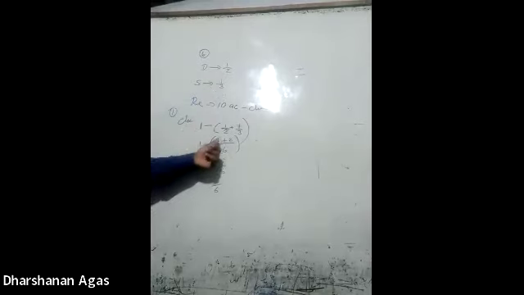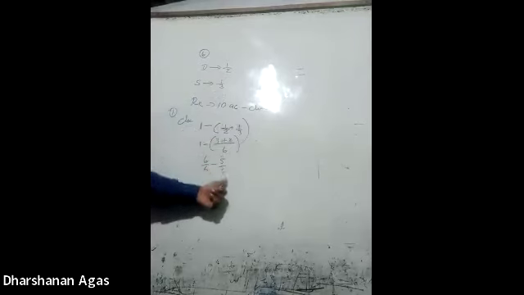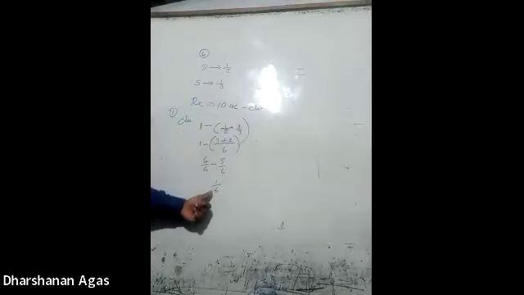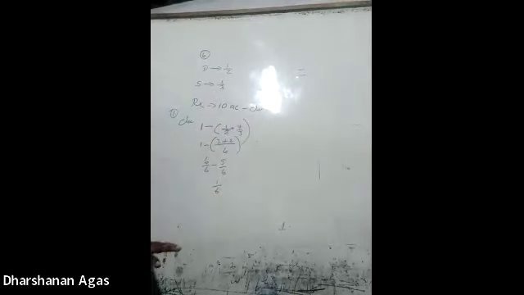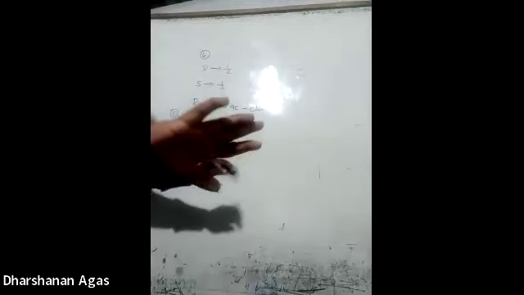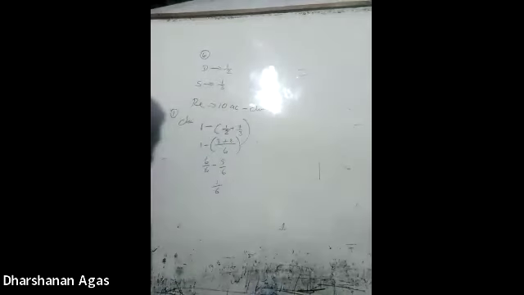The whole land is 1. The LCM is 6. Here 3 times, here 2 times, 3 plus 2, 5 over 6. Then 6 over 6 minus 5 over 6, so charity received 1 over 6 portion. If the land is divided into 6 portions, the charity received only 1. This is the answer for the first one.